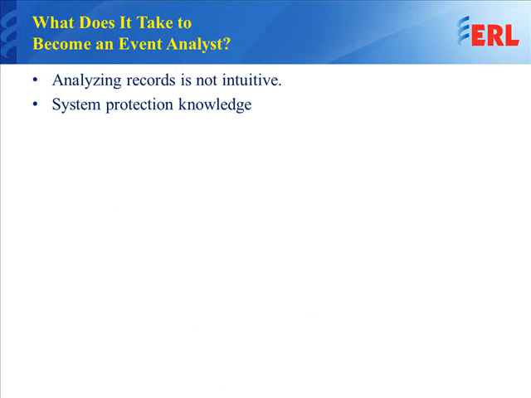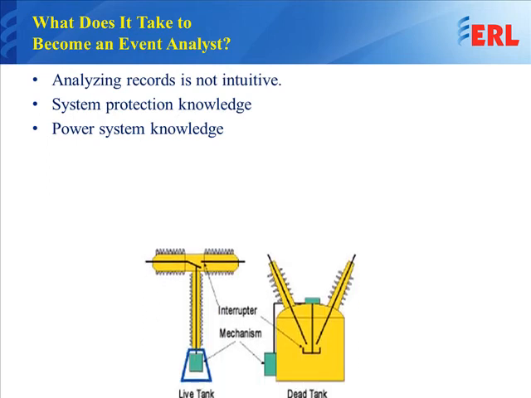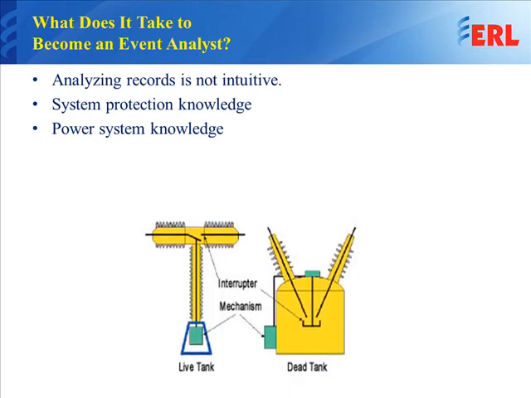For example, we have breaker operations that need to be known. A breaker behaves differently and it opens at different times. So if we know how long it takes a breaker to open, then we know that such breaker is working correctly.